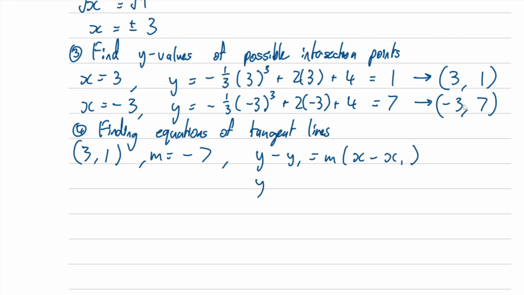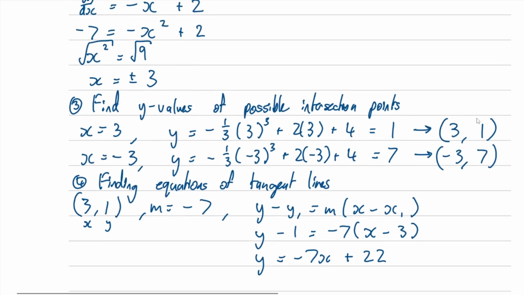So that gives y minus 1 equals minus 7 times x minus 3, which gives y equals minus 7x plus 21 plus 1, which is plus 22. Cool, so that's one tangent line.